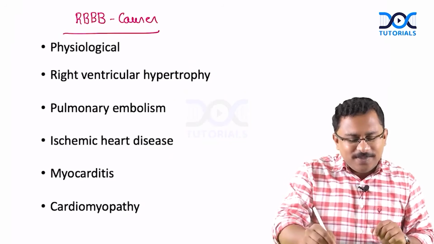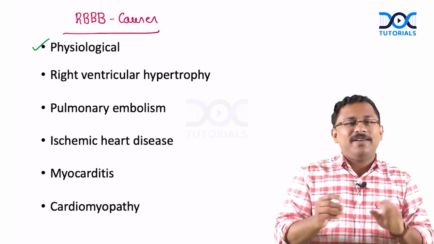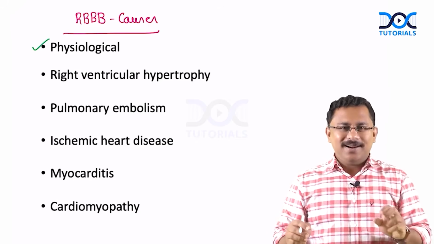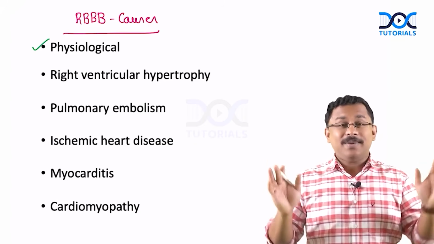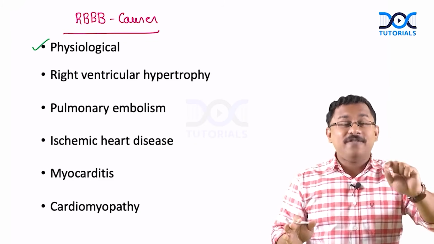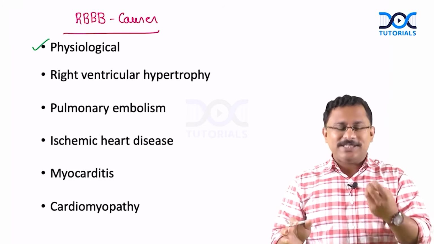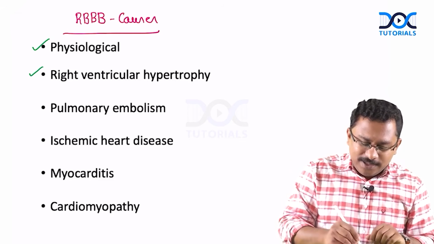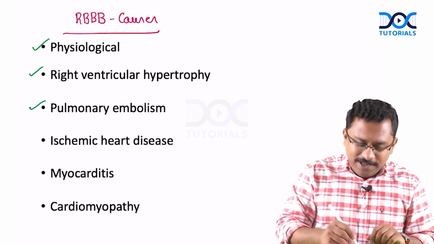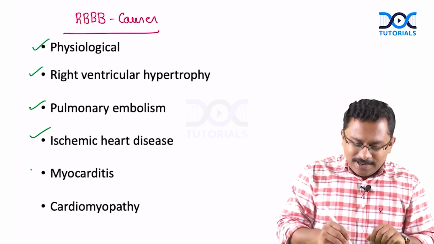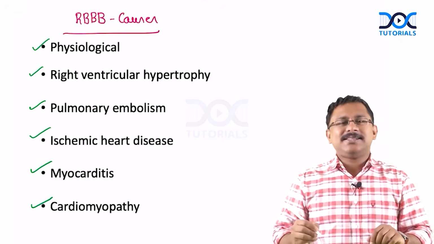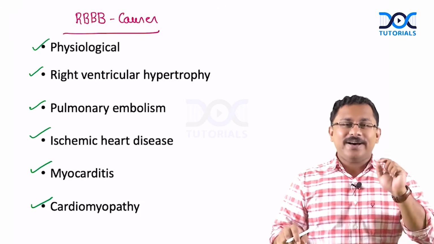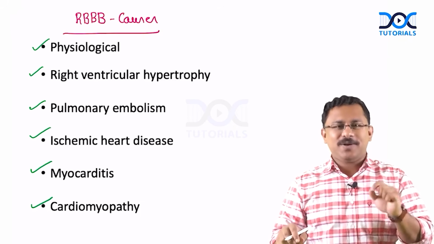Sometimes you might see RBBB in a perfectly normal physiological state also. So remember, RBBB is not always pathologic; it may be physiologic as well. Other causes include right ventricular hypertrophy, pulmonary embolism, ischemic heart disease, myocarditis, and cardiomyopathy.